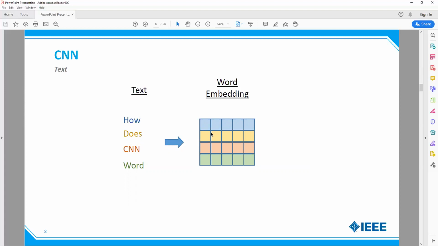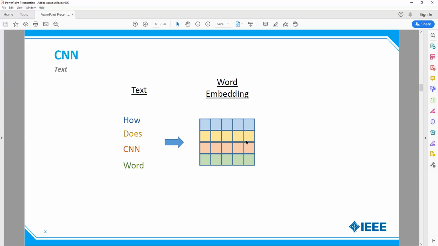A neural network model is unable to understand the characters within the text. So what we have to do is convert that text into a word embedding, which is some vector representation of that specific word.